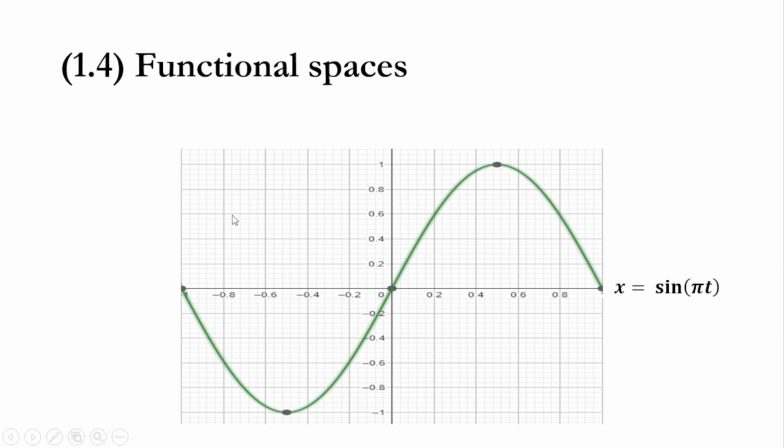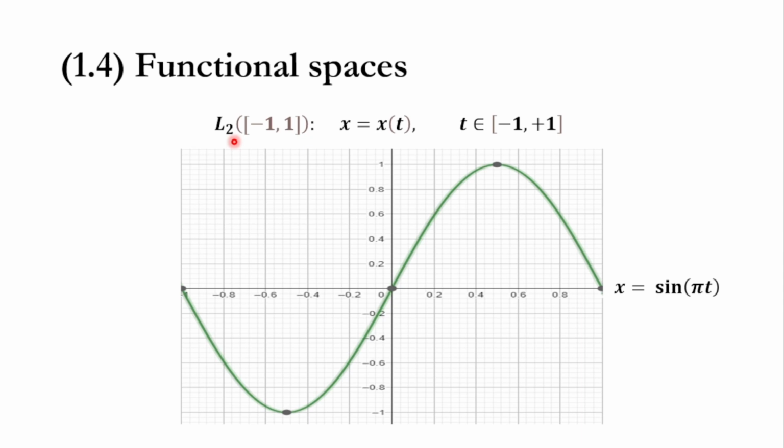Now, as you can see, there is a capital L and a little 2 which is a subscript to it. Here, capital L means the Lebesgue norm. The little 2 subscript means the norm is calculated by taking the square of the components, summing the squares of the components, and taking the square root.